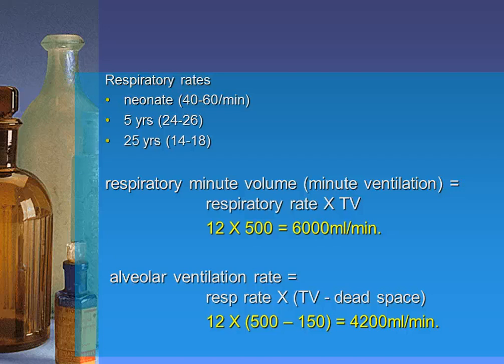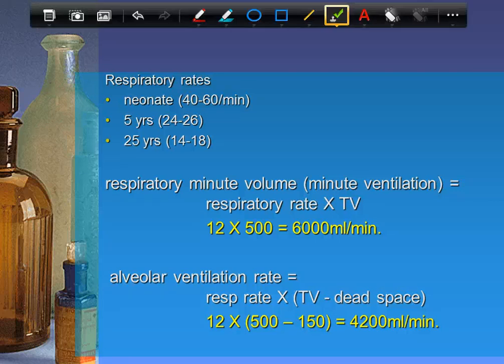Okay, you've got a variety of respiratory rates here to look at, just to show you what happens to respiratory rate as you get older. There are two other spirometric volumes and rates that are important.